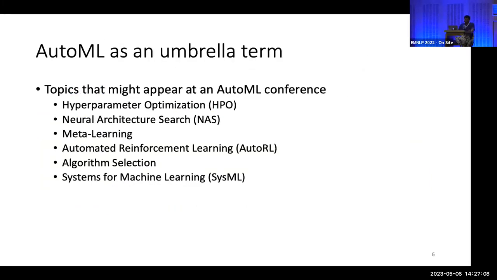Okay. So recently there was an AutoML conference. This was the first ever AutoML conference last year, happened in Baltimore right after ICML. And these are sort of the topics that people were really interested about. So hyperparameter optimization, neural architecture search, meta learning, auto reinforcement learning, algorithm selection, and systems for machine learning.